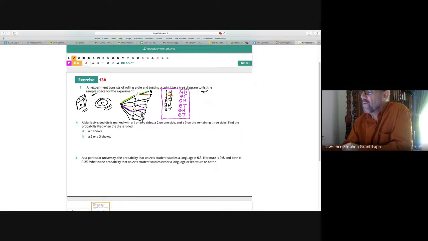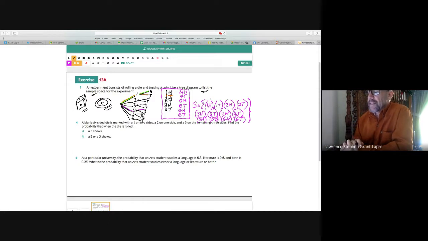So we could say that the sample space is the list of 1 head, 1 tail, 2 head, 2 tail, 3 head, 3 tail, 4 head, 4 tail, 5 head, 5 tail, 6 head, 6 tail. And that is the sample space. Bracket around that.